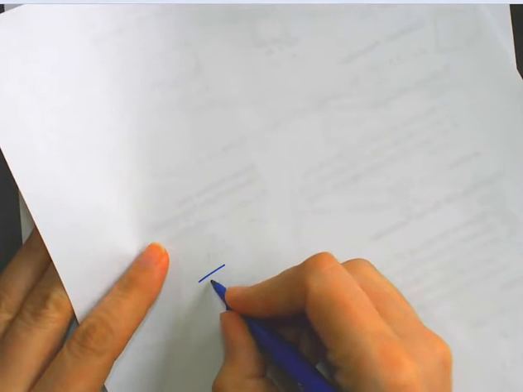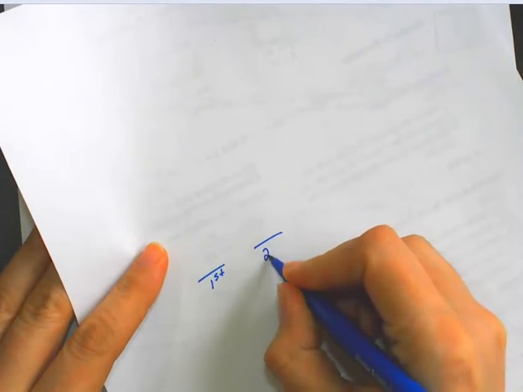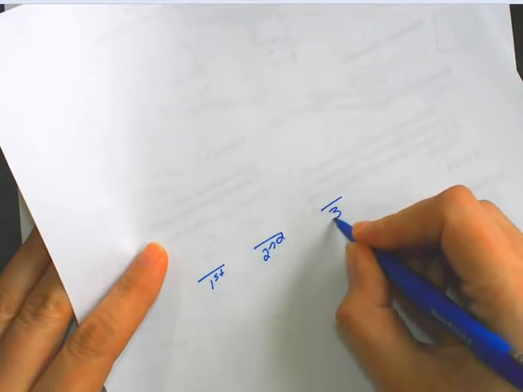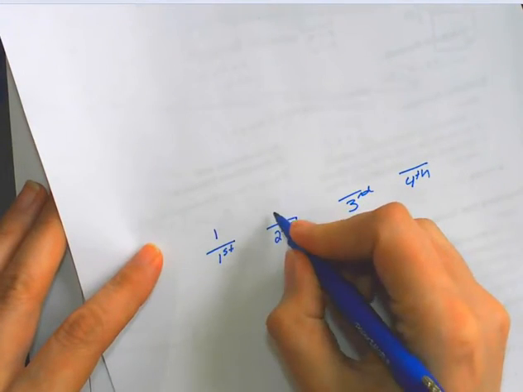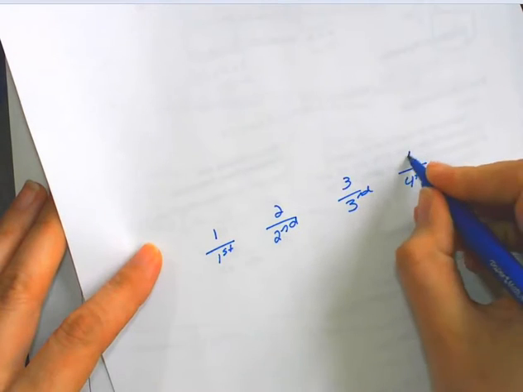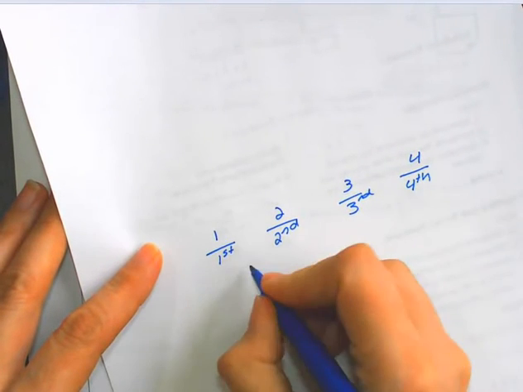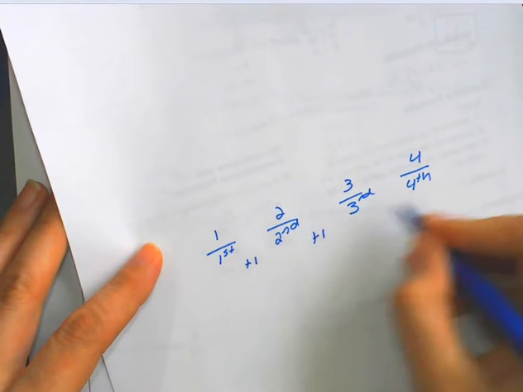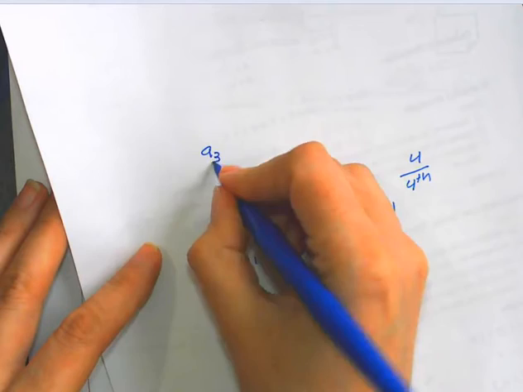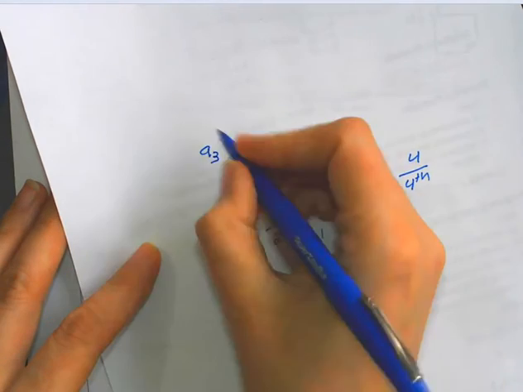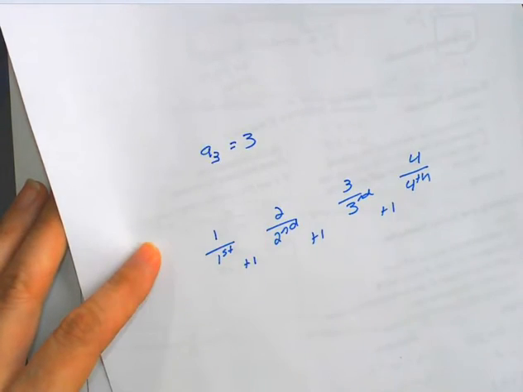If I have the first term, the second term, the third term, the fourth term, and for a sequence, let's say it could be as simple as 1, 2, 3, 4. So basically I'm adding 1 each time. So if I said what is A sub 3, the third term in this example is 3.